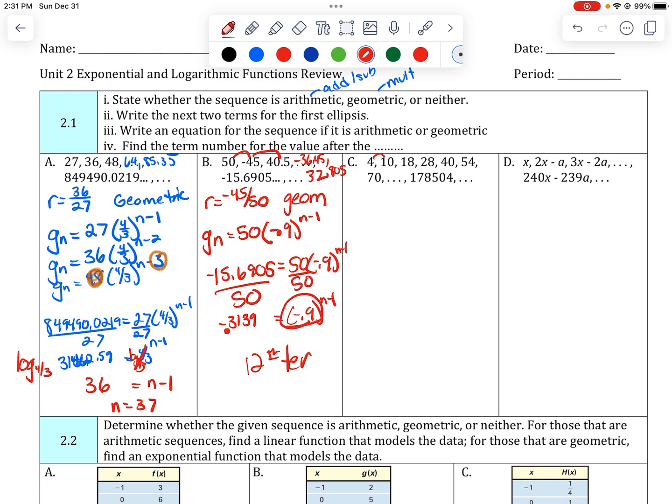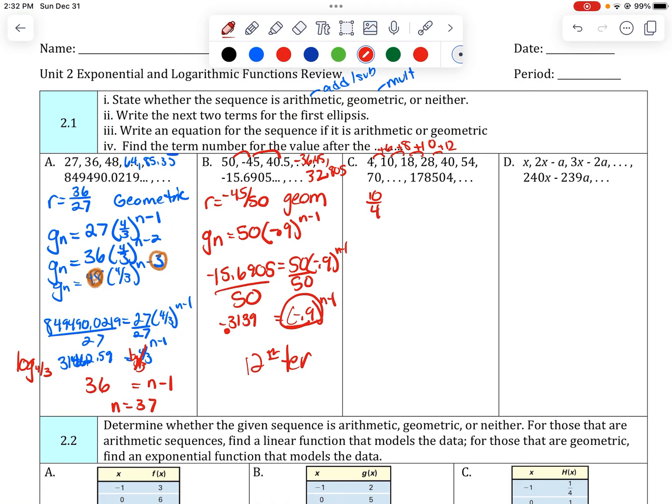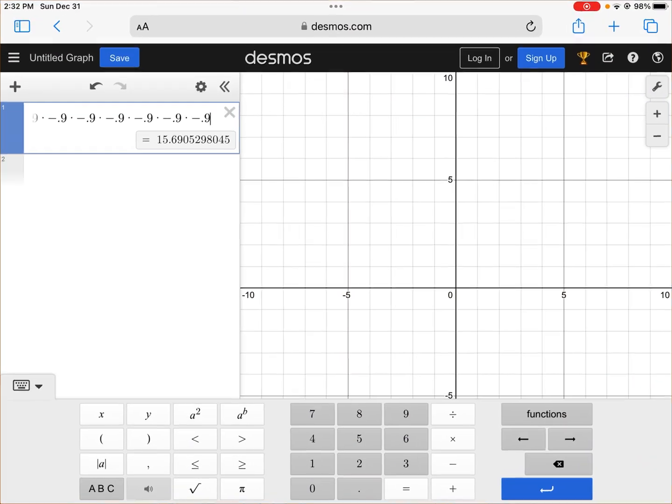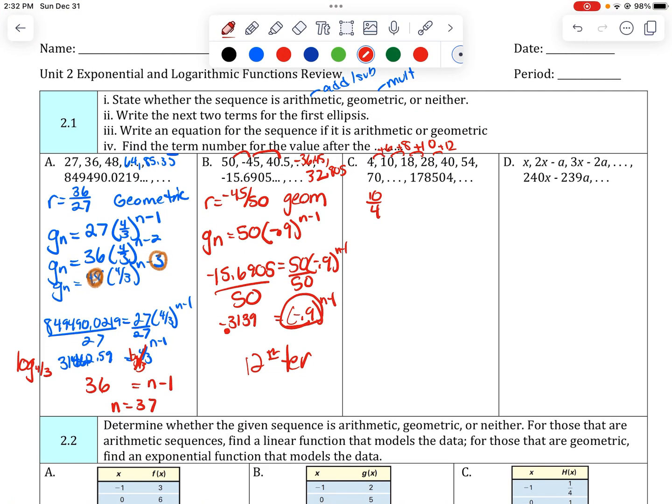So let's see, what is this one? Plus 6, plus 8, plus 10, plus 12. So it's not arithmetic. Let's see if geometric works: 10 divided by 4 is 2.5, so 4 times 2.5. Times 2.5. So it's not geometric, so this one happens to be neither.